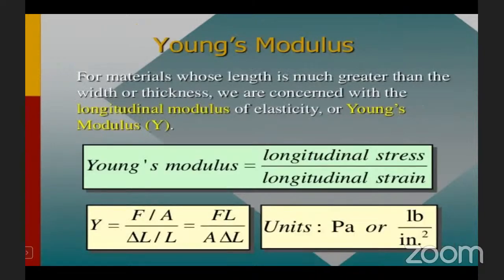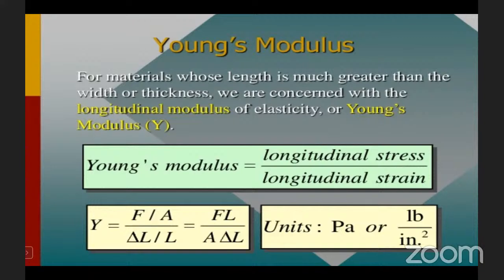So next one, see that. What is the Young modulus principle? For a material whose length is much greater than its width or thickness, we are concerned with the longitudinal modulus of elasticity, or Young modulus Y. The Young modulus equals longitudinal stress by longitudinal strain.